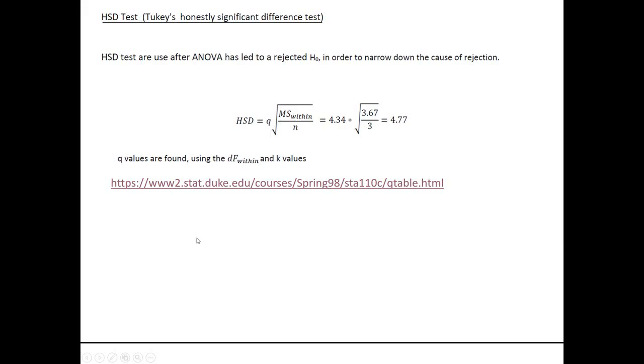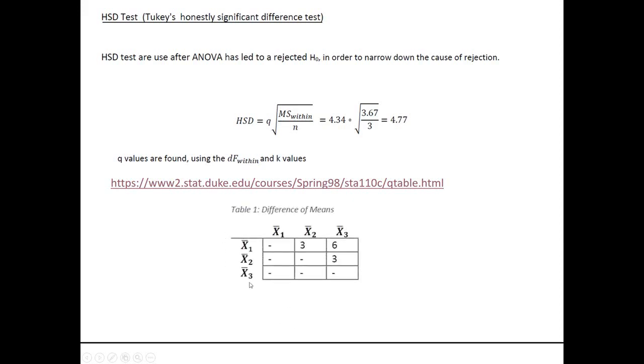We will now look at which of the group mean differences beat this HSD value. To do that, I will make a table with columns and rows as the means of x1, x2, and x3.